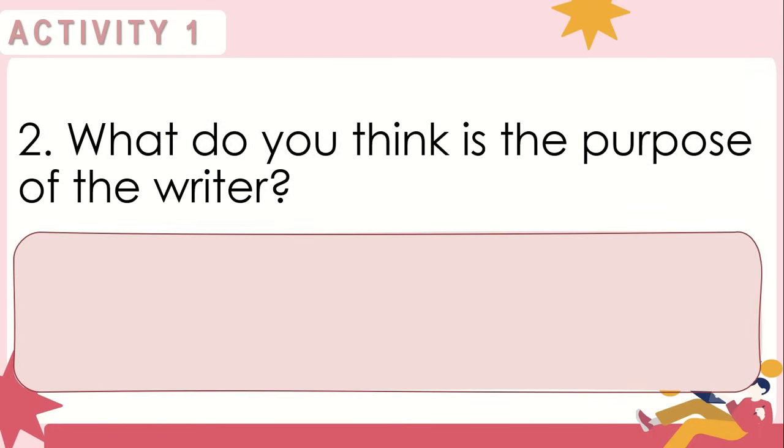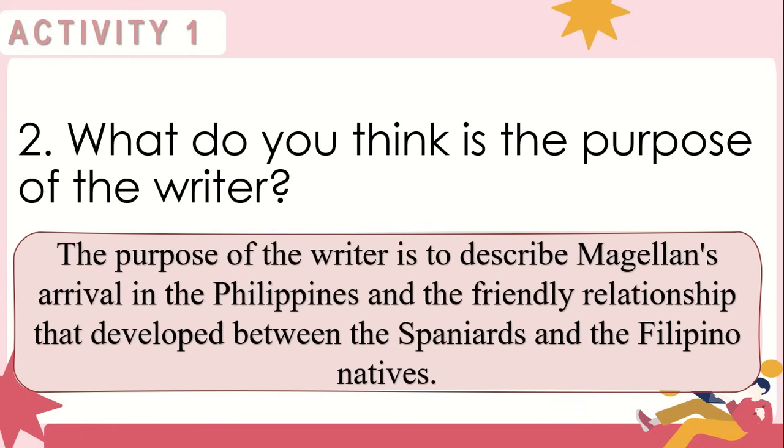What do you think is the purpose of the writer? Very good. The purpose of the writer is to describe Magellan's arrival in the Philippines and the friendly relationship that developed between the Spaniards and the Filipino natives.